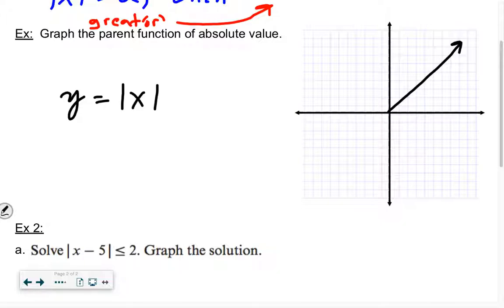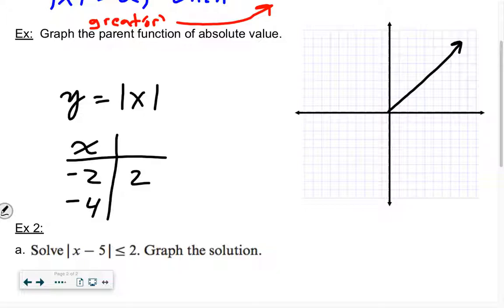But now notice as I pick my x values to be negative, say -2 and -4, what happens when I plug in -2 here? What do I get? I get a +2. Same idea, absolute value of -4 is a +4. So if we look at those 2 points, 1, 2, 3, 4. Notice we get that line that goes up off towards the left now. So the thing I just wanted to bring to your attention, absolute value is the V function, is what we like to call it.